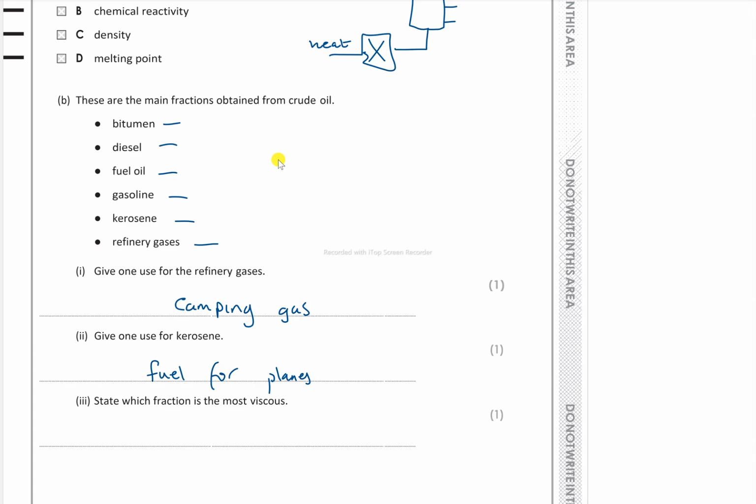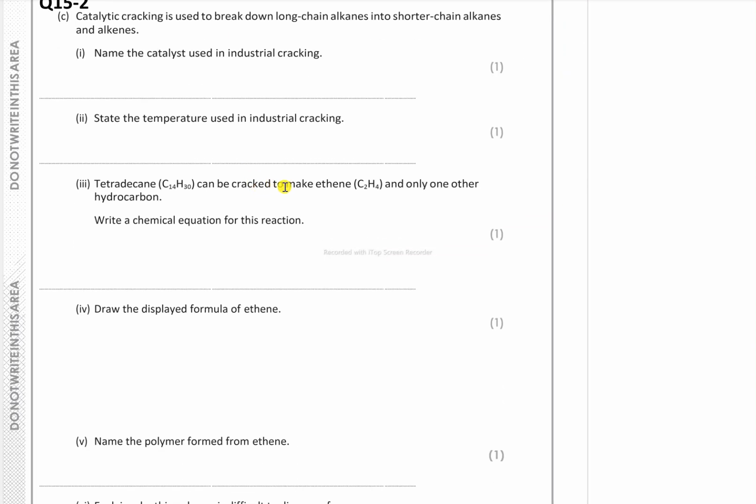Most viscous. Viscous just means thick. It's a thick liquid. And the one at the bottom, bitumen. Right.